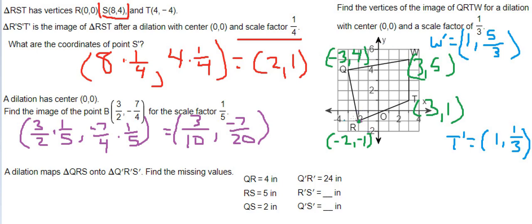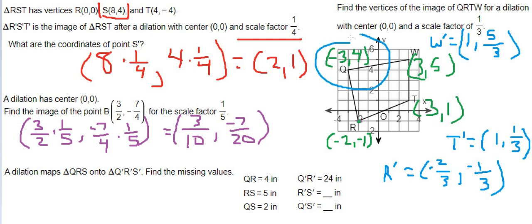My R, which is down here, -2 comma -1, multiply both of those by 1/3, and we end up with -2/3 comma -1/3. And for my Q, which is up here, multiply that by 1/3, and we end up with a Q prime, which will be -1 comma 4/3.